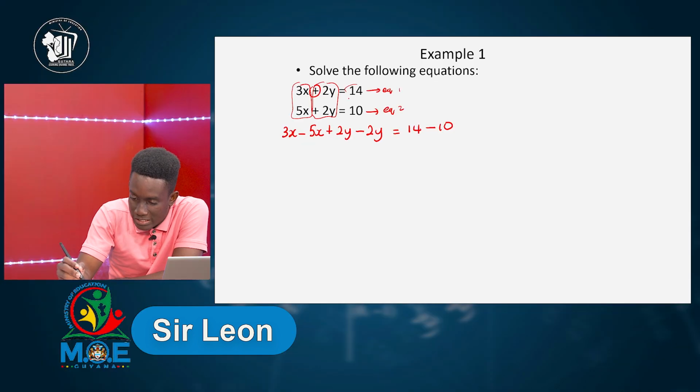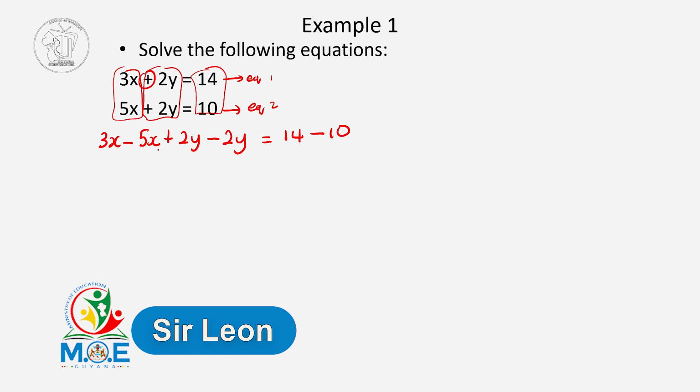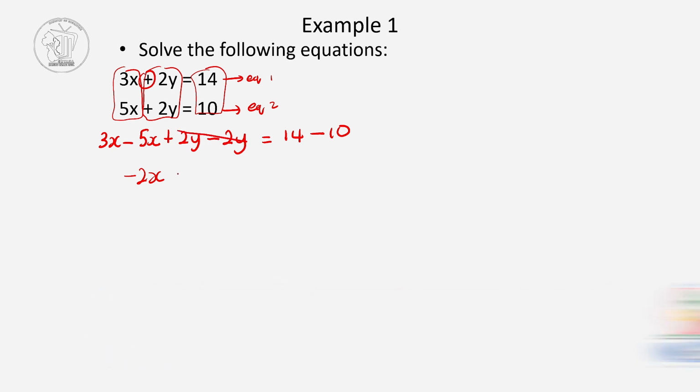We're just subtracting the like terms and the like terms only. So 3x subtract 5x gives negative 2x, and 2y subtract 2y gives us 0. Hence this will be equal to 14 subtract 10, which gives us 4.